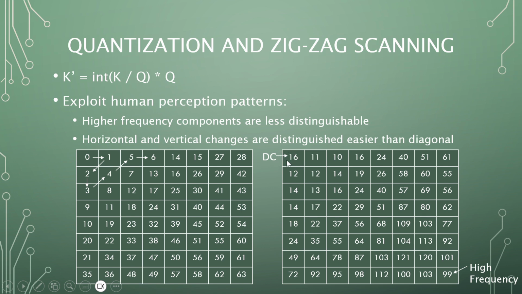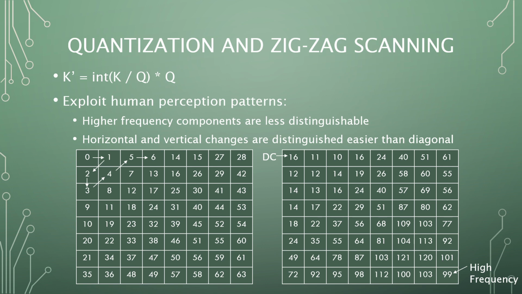If you'll see, the lower frequency components have smaller quantization coefficients, because we need to see a lot of variability in those low frequencies. But at high frequencies where we can't distinguish a lot, we can afford to round the values a lot.